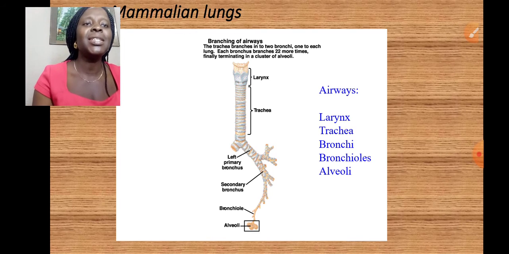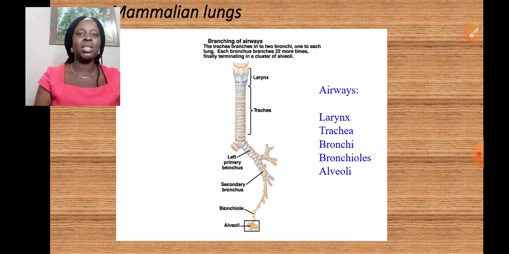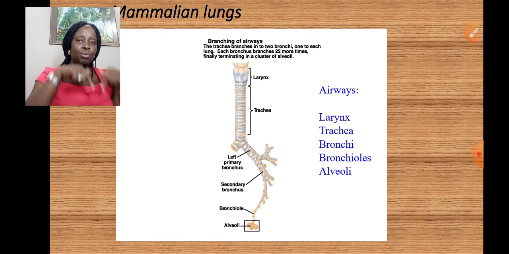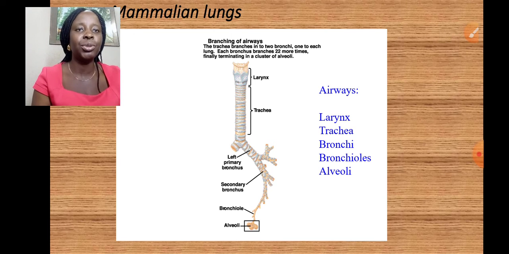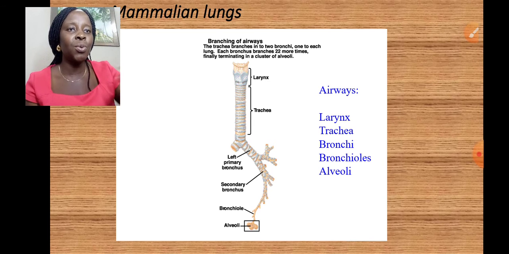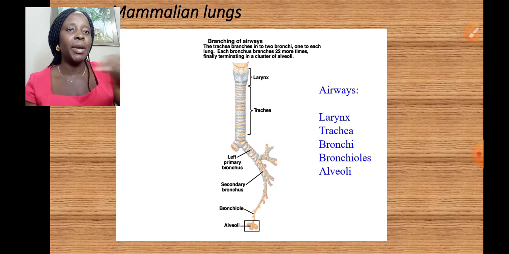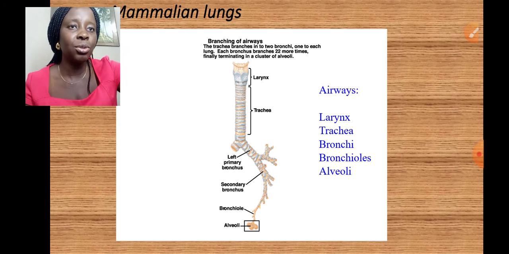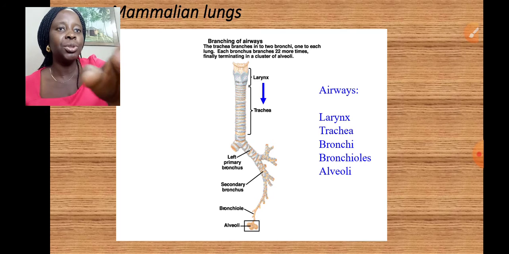All right, let's see the airway. When we take in our oxygen, how does it go? That's the meaning of airway, the passage that it goes through. So when we take in our air from the nostril, which is like the external part, it goes from the nose, then through the larynx, then through your trachea.